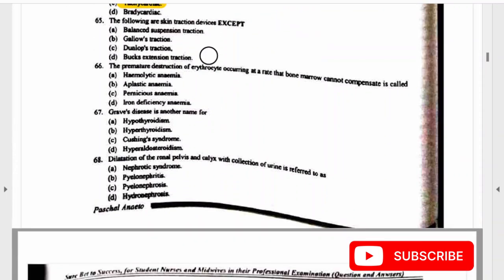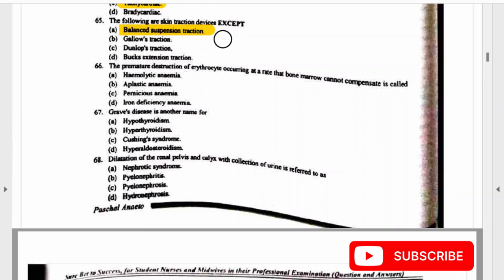65. The following are skin traction devices except. All right, let's see. A seems to be the right answer. I don't think I've ever seen A as a skin traction device. If you have, please tell me in the comment section. But a balanced suspension traction is actually a type of skeletal traction, which involves pins inserted into the bone.